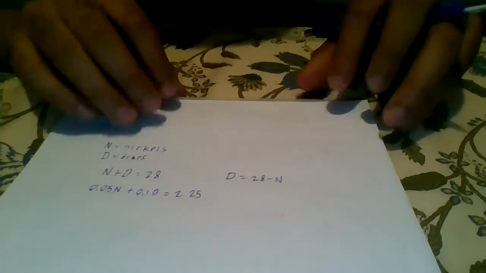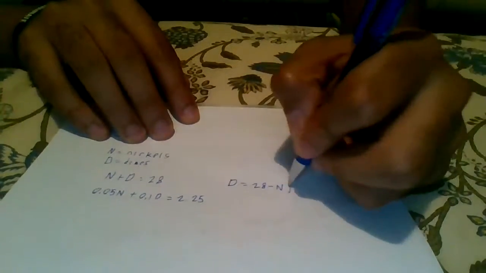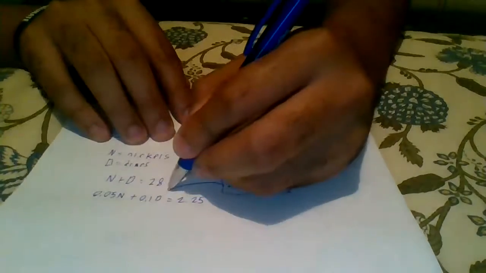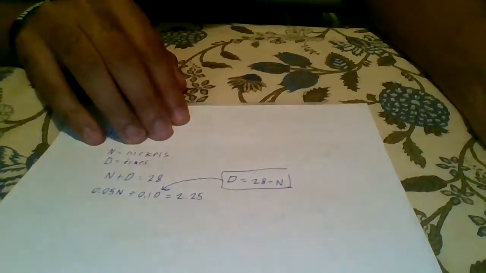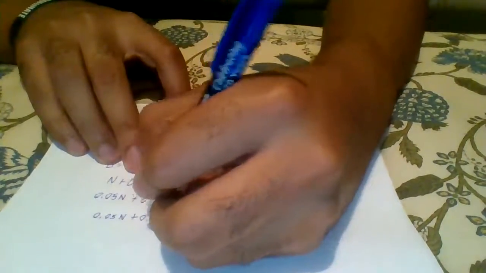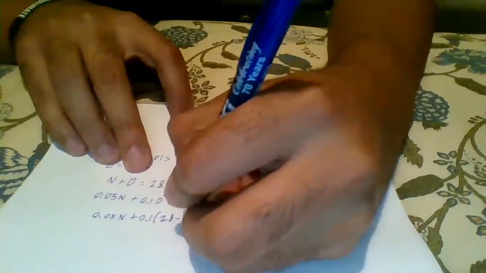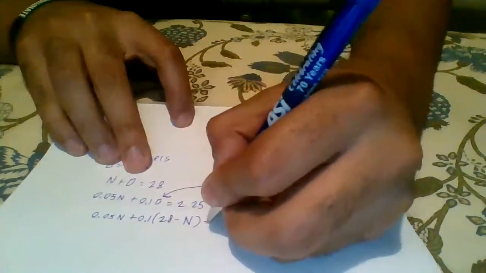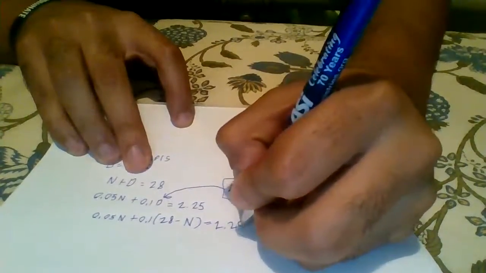So knowing what D is, I can plug it into my second equation. So I have 0.05 N plus 0.1 times D, which is 28 minus N. That equals 2.25.